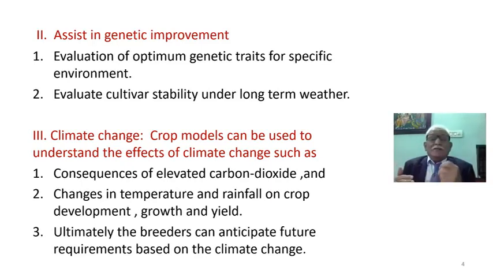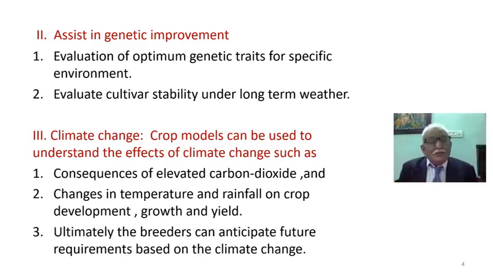Different traits for a specific environment, and of course evaluating cultivar stability under long-term weather conditions. Of course, stability analysis, the Eberhart and Russell model. I did it in my PhD program, and a few of my PG and PhD students evaluated their cultivar stability under long-term weather conditions. So there is a relation between weather, the environment, and crop cultivar. Genetic improvement is also served.